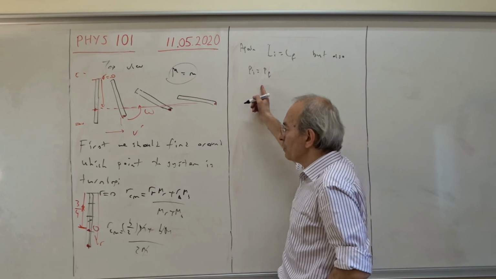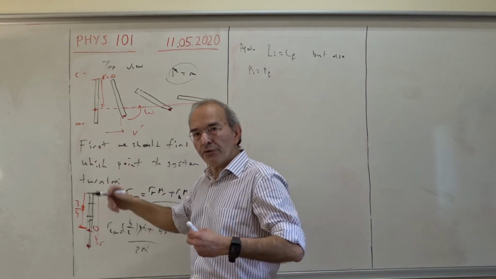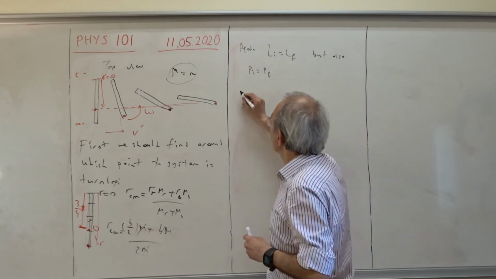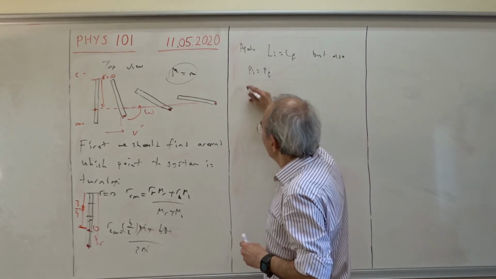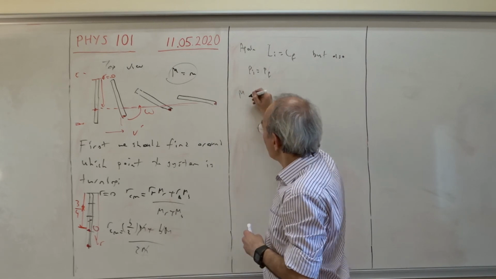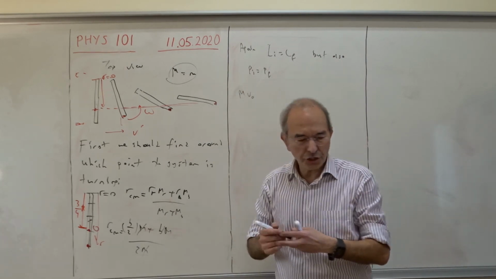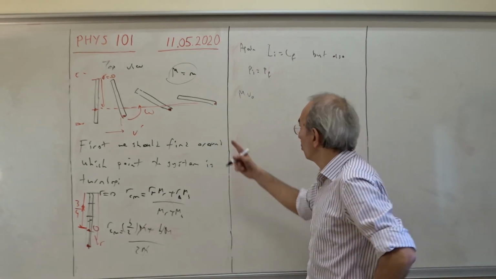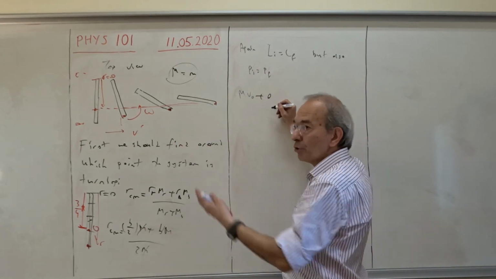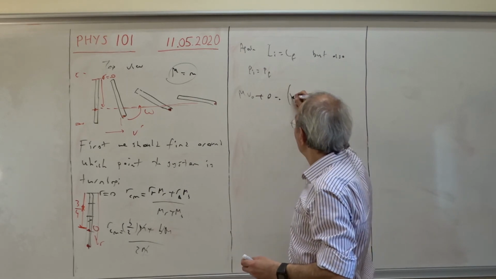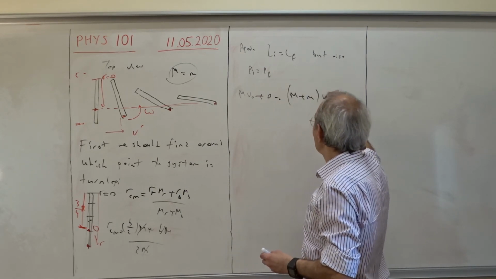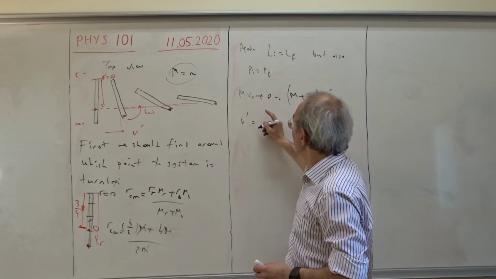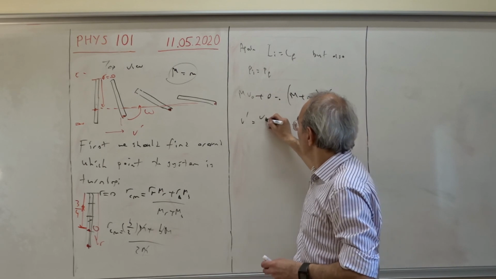For Pi equals Pf, before the collision, before the bullet penetrates into the rod, we had mass, let me use capital M, and V0 for the initial linear momentum, plus 0 for the rod because the rod was at rest. After that, we have both moving at V prime, and therefore V prime will be V0 over 2.